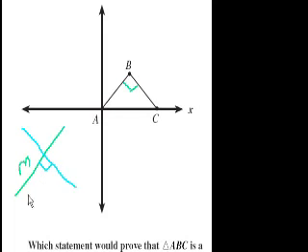It would have a 90-degree angle, and its slope would be the negative inverse of this first slope, right? So if the slope from A to B is the negative inverse of the slope from B to C, then we're in business. Then these are definitely perpendicular, at least line segments, and this would be a 90-degree angle.